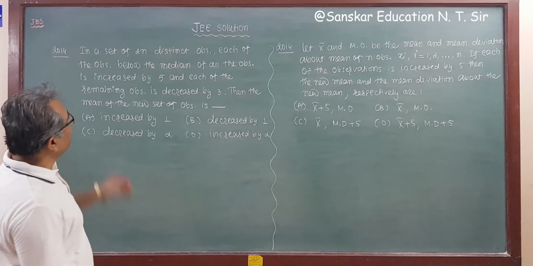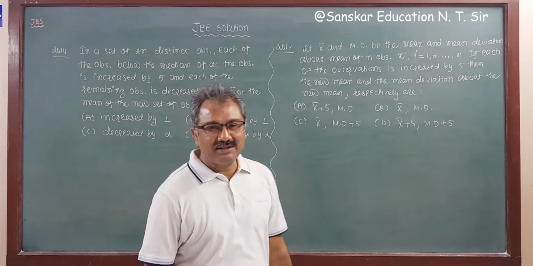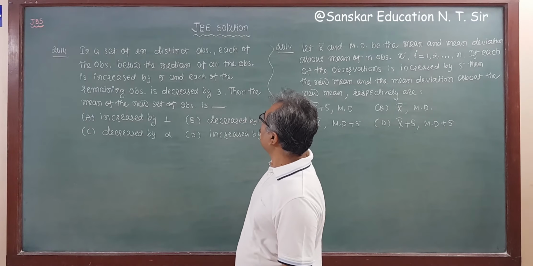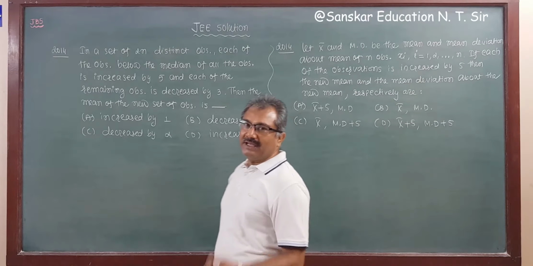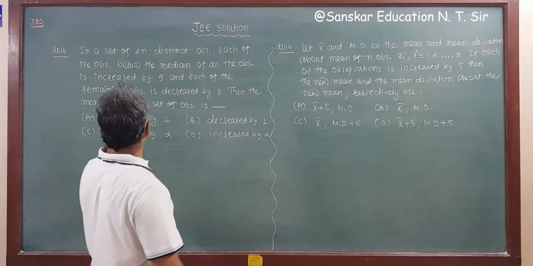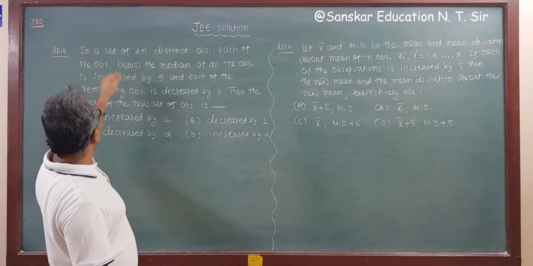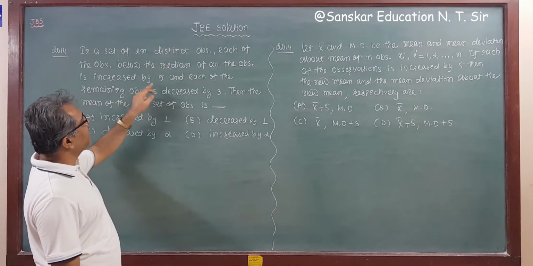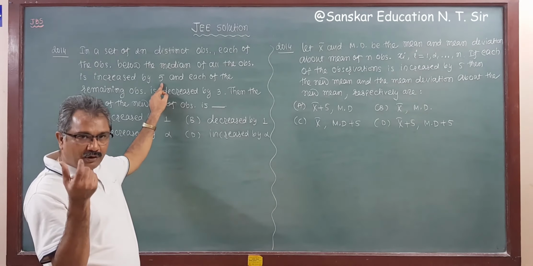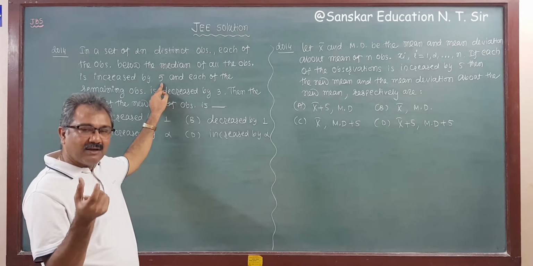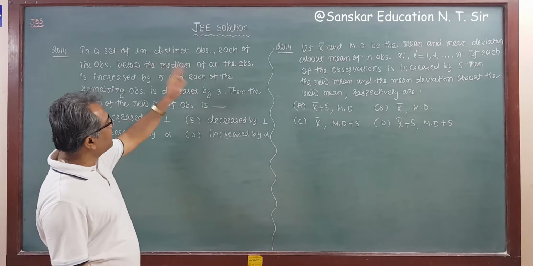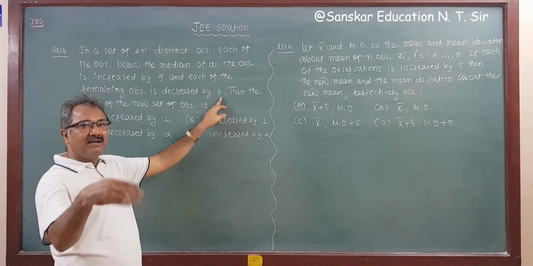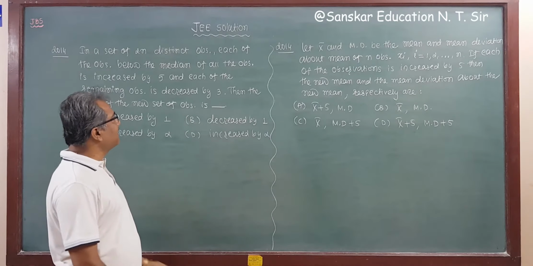Today we are continuing with the solution of JEE statistics questions. In a set of 2n distinct observations, each of the observations below the median is increased by 5, and each of the remaining observations is decreased by 3.